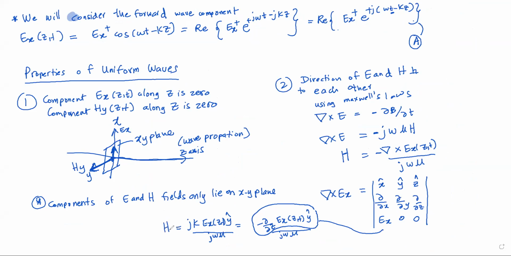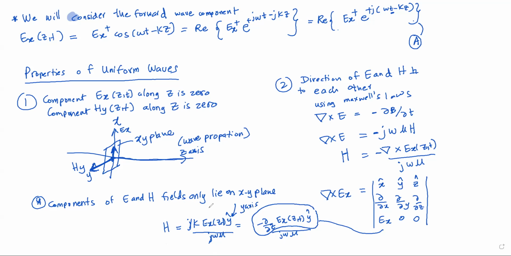So this is the equation for the h. So from this equation, we can see that we can actually cancel out the effect of j on both numerator and denominator. And then we can see clearly that the direction of h is along the y direction, y-axis direction.